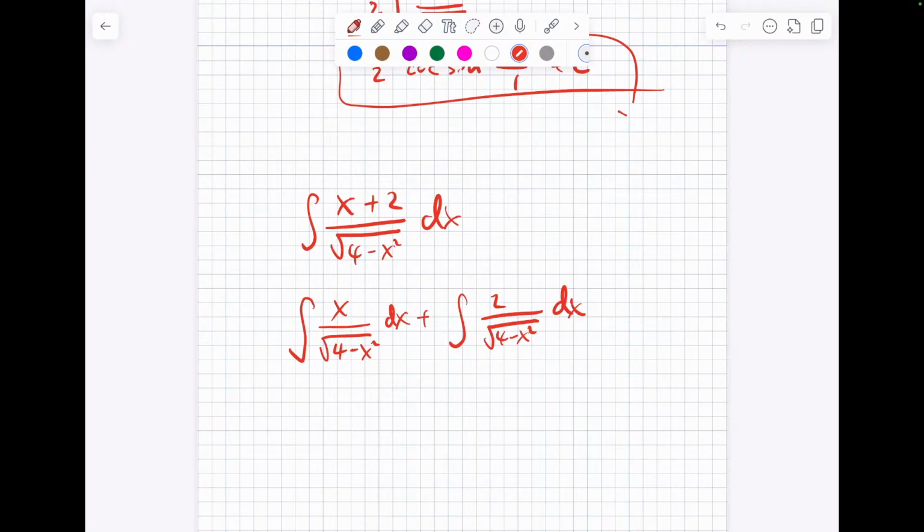Think about what you have to be. You don't need to complete the square here, because you already have the 1 minus x squared.